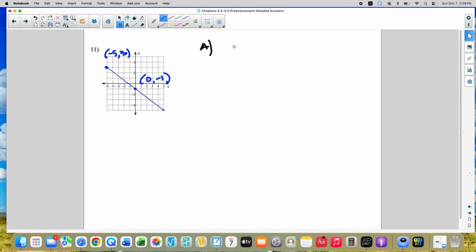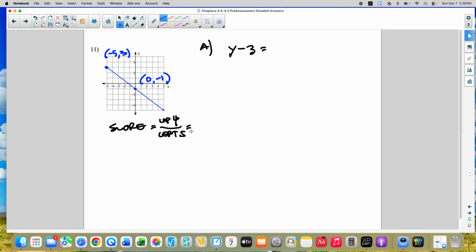So A was point slope. So y minus my y value, 3, equals, well, let's calculate my slope. My slope is up 1, 2, 3, 4. Up 4, and then left 1, 2, 3, 4, 5.